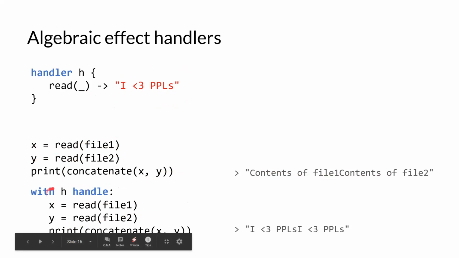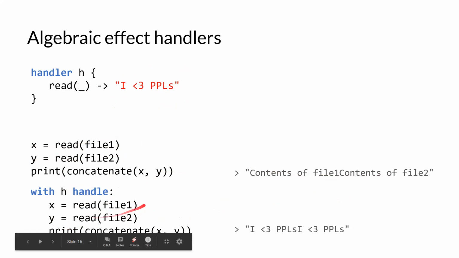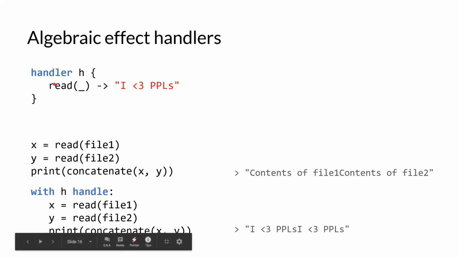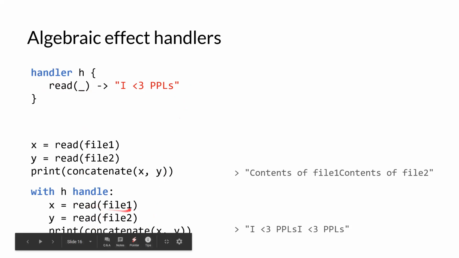But then if we execute the same program in the context of the handler H, every time we reach a read call, instead of executing whatever the usual semantics of read is, we're going to go into the handler and figure out, based on the handler, what we should do. So every time we have a read, we're actually going to return I love PPLs. So this is going to result in the string I love PPLs, I love PPLs.